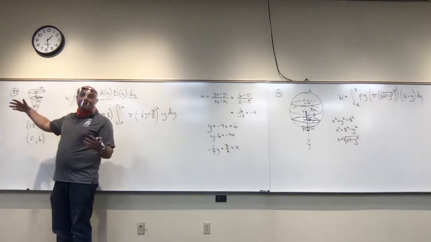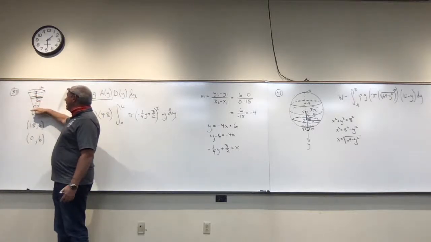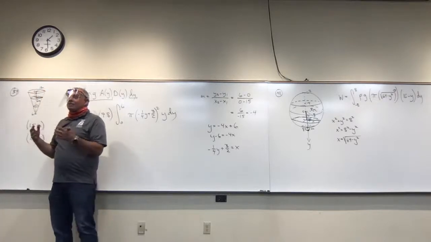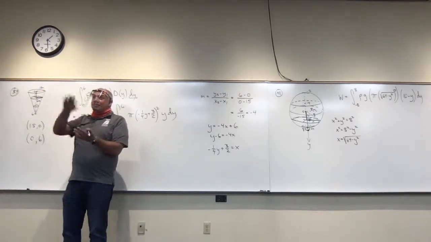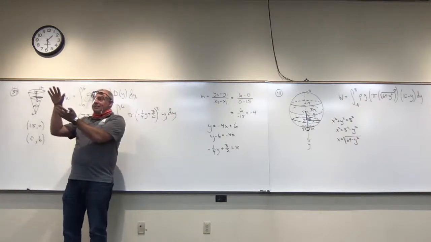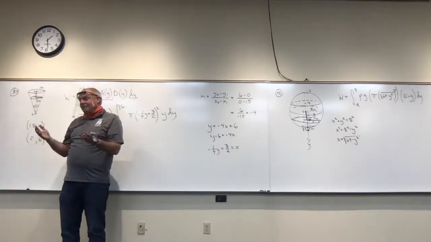In some sense, infinite, because there are all these different masses that have to move different distances. So what the integral allows us to do is chop them up into a lot of little pieces and move all those pieces, and if you cut it up into enough pieces, that would be it. Does that kind of make sense?